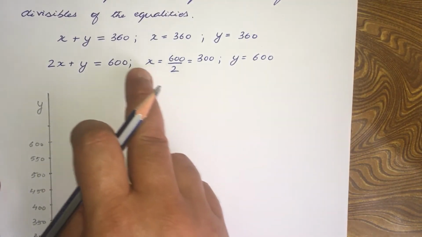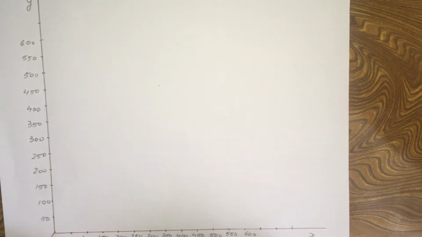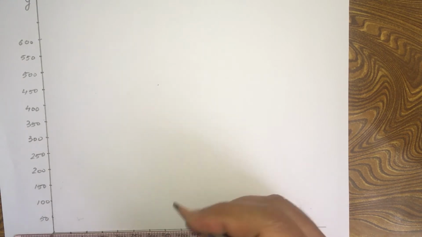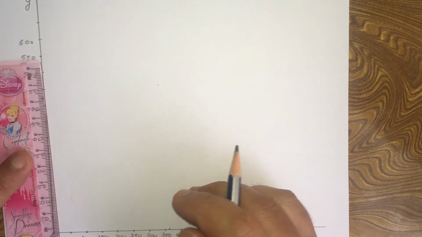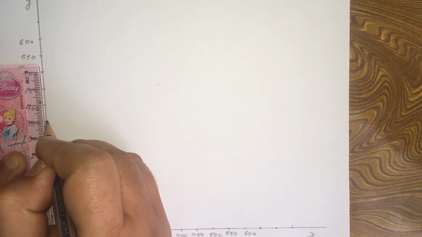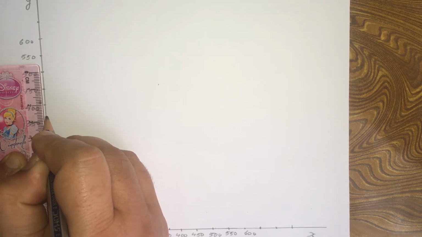Now you have here x is 360, y is 360. So let us plot for the first constraint: x is 360 and y is also 360.